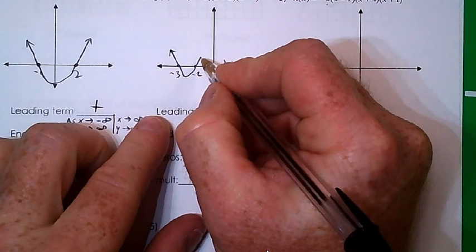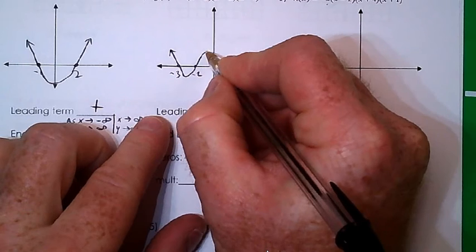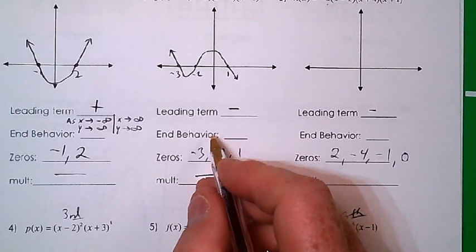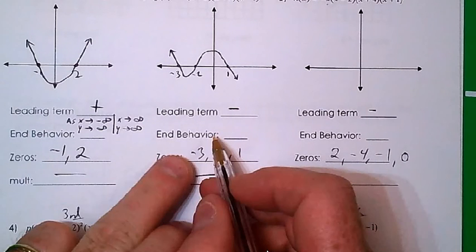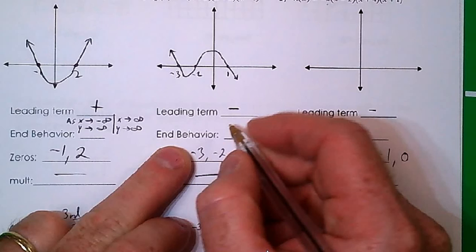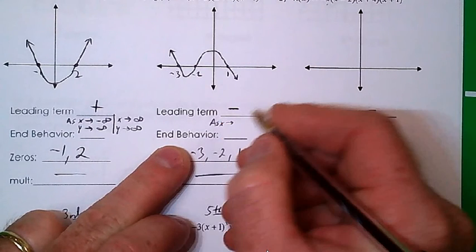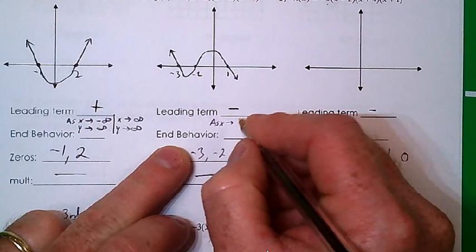So there you go. Now, what does that curve look like compared to our graphs over there? What function? Cubic. It looks kind of like a cubic. It's got the twist in there. End behavior: as x approaches negative infinity, y approaches what?